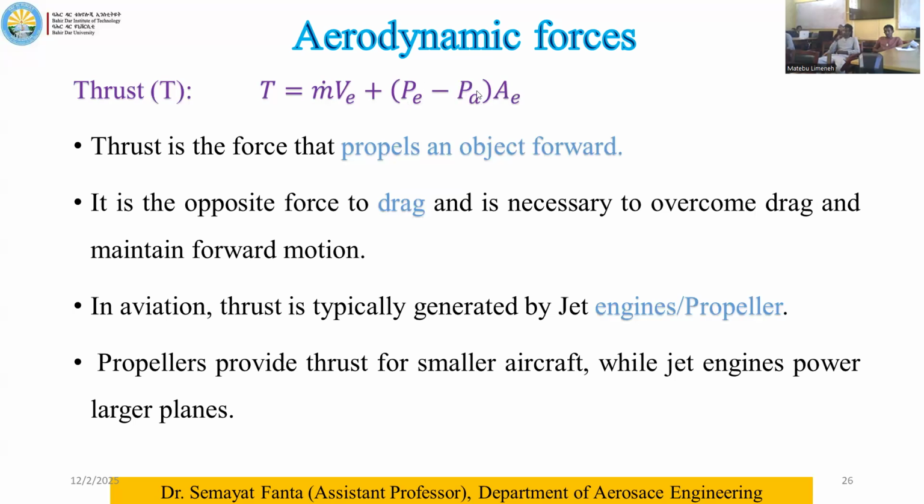One is if they are equal, that is called the optimally expanded nozzle condition. In some cases, PE is greater than PA, and we can get additional thrust from this part. And in the third case, PE may be less than PA, then it will also reduce the momentum thrust.